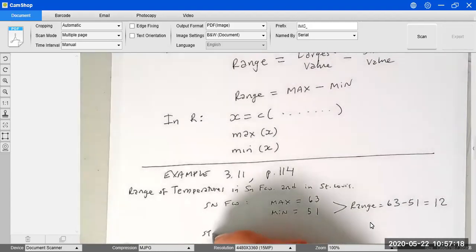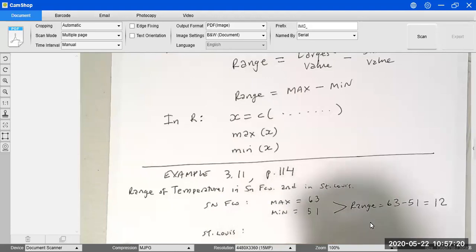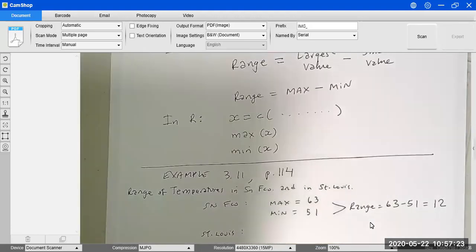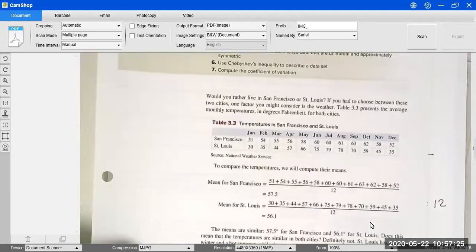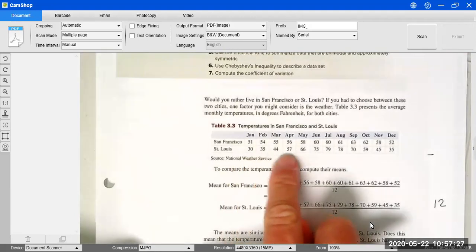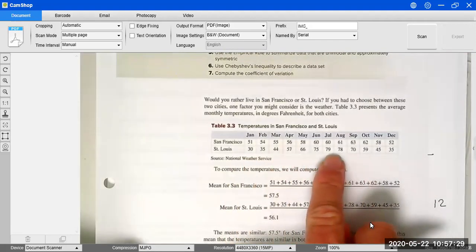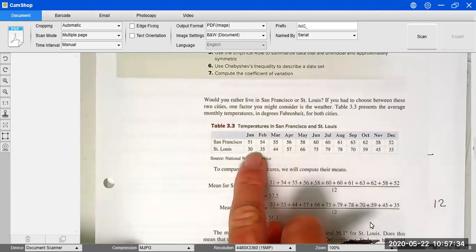Then we have St. Louis. Let's check the list again and find the maximum value. You can see here 79 is the maximum value and the minimum value is 30.